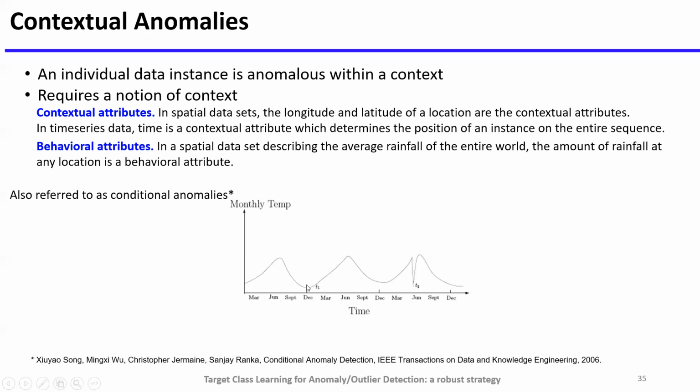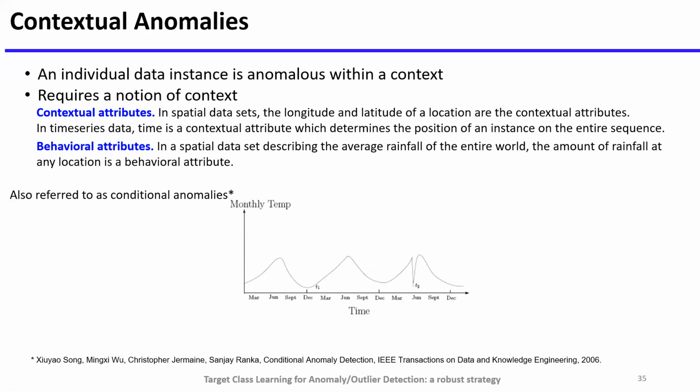It is not an anomaly. But a sudden drop in temperature during the summer season, which is June here, can be an anomaly. Here the values T1 and T2 are the same, but T1 is not at all anomalous, and T2 is anomalous because of the context. The context here is the monthly weather condition: here it is summer, and here the weather context is winter. So that is a kind of anomaly.